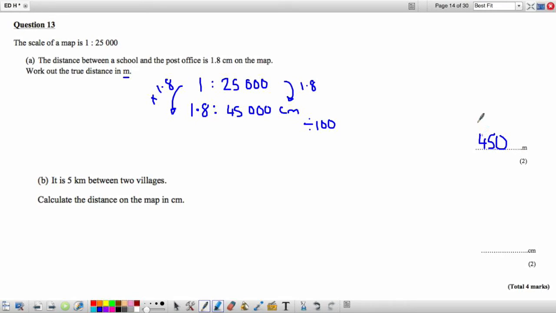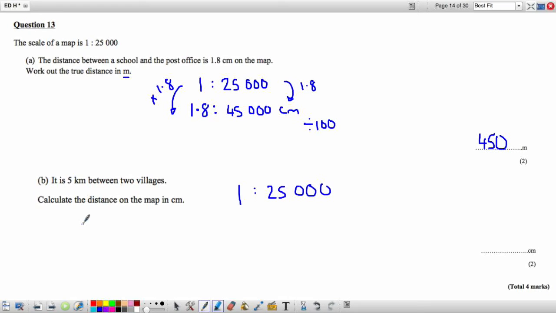Still using the same ratio, 1 to 25,000. This time, we're given the real distance as 5 kilometres between the 2 villages. So here now we are looking at trying to calculate the distance on the map in centimetres.